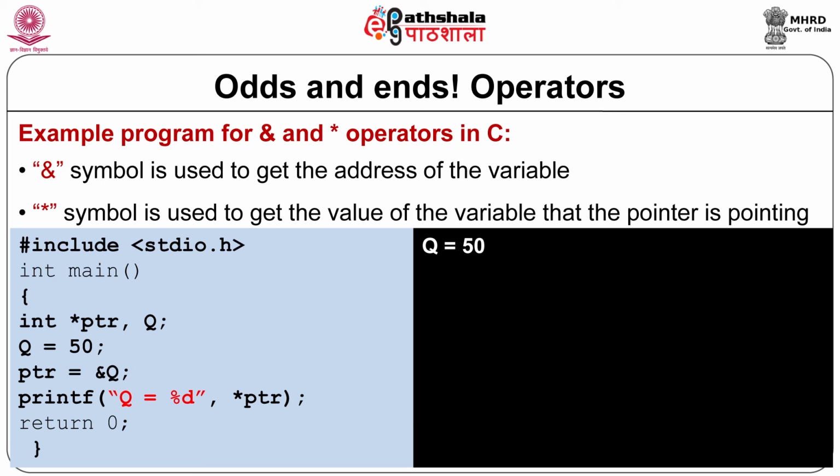So, the value of q is 50. Pointer equal to ampersand q means the address of it. So, this program will display q equal to 50. This is a special operator example which demonstrates ampersand and multiplication.